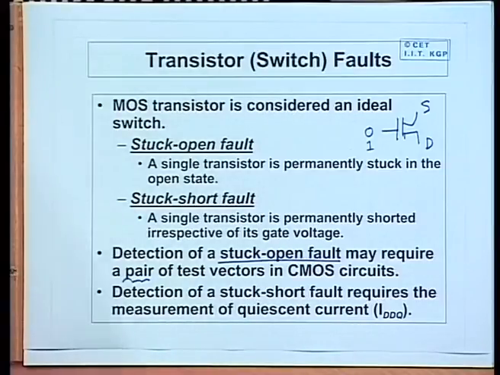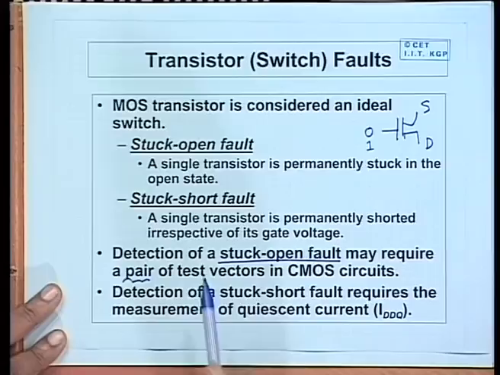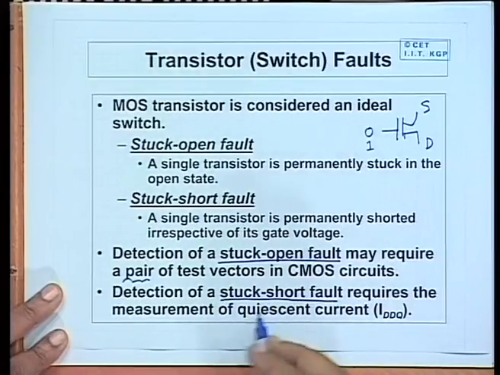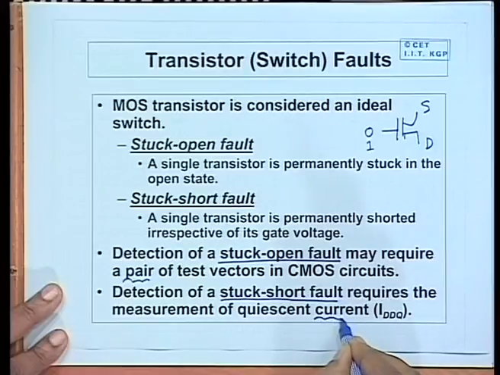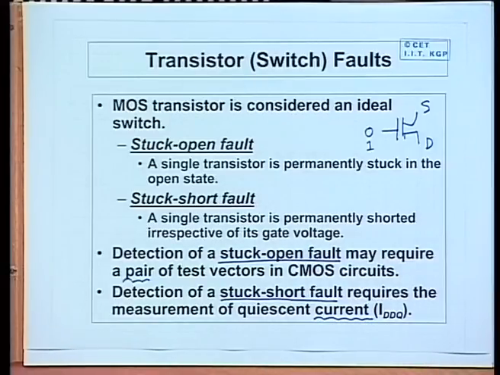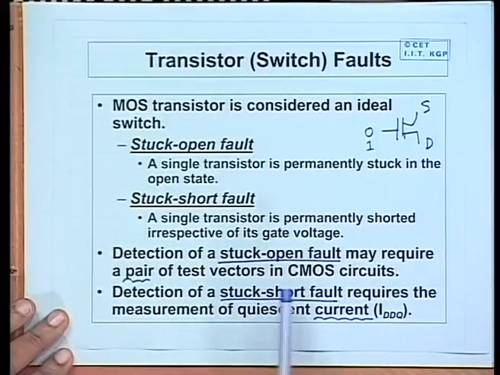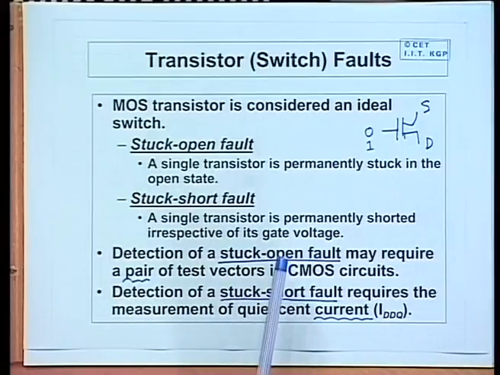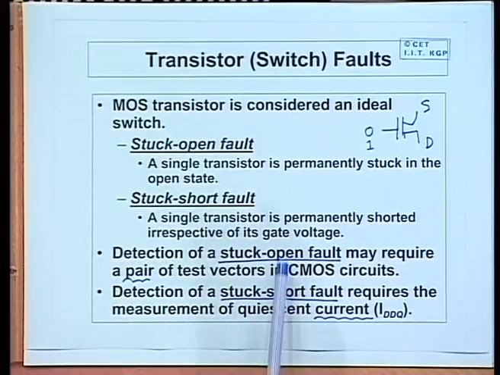This we will see why. And similarly, the stuck short fault model sometimes may require the measurement of current from VDD to ground. Just by using any logic measurement, we cannot detect such faults. Now, let us see why this kind of peculiar behavior is exhibited in the case of a transistor fault.